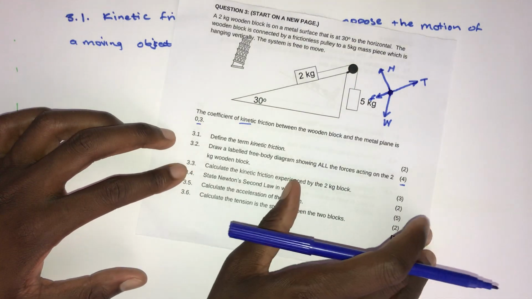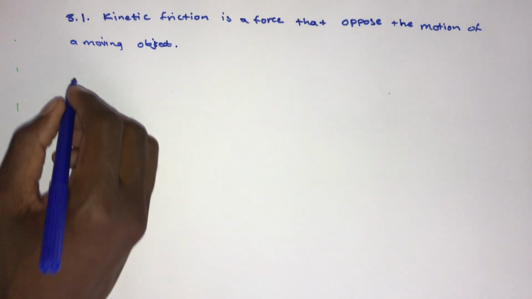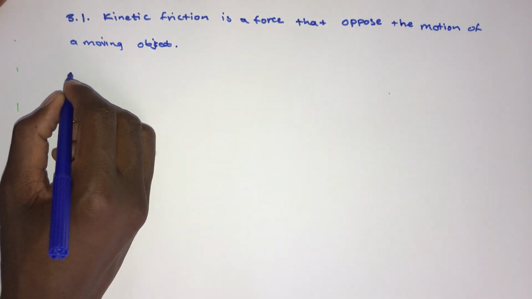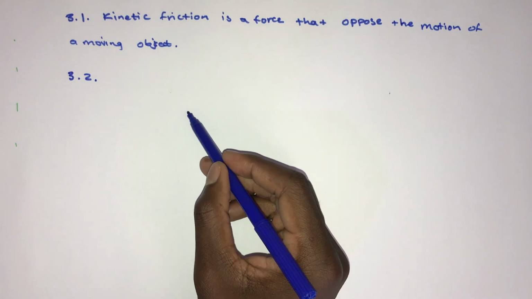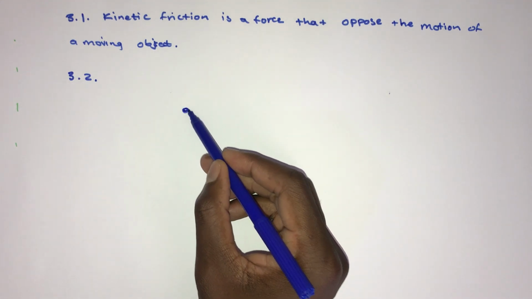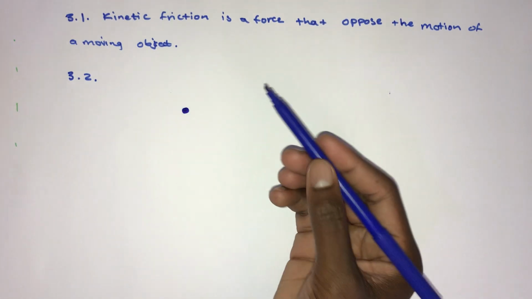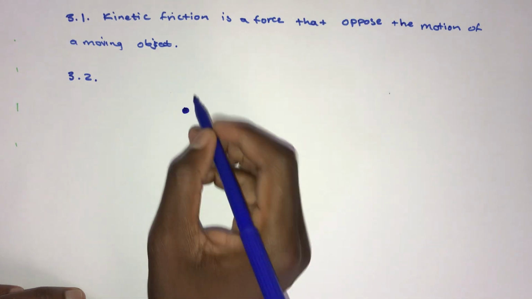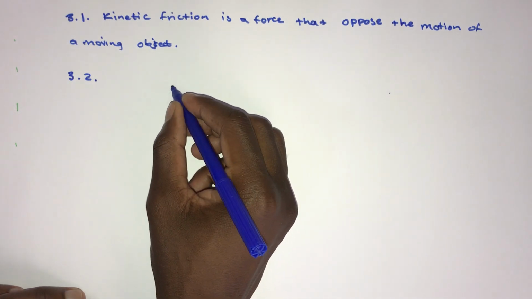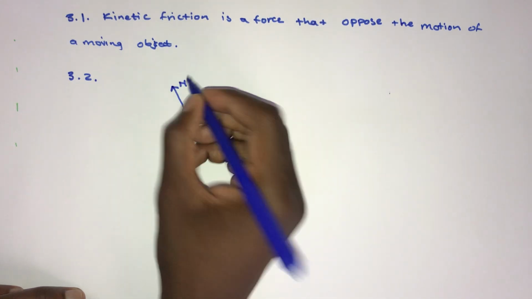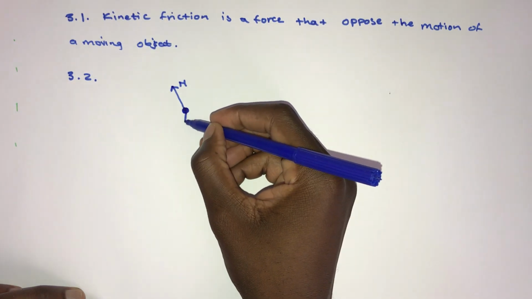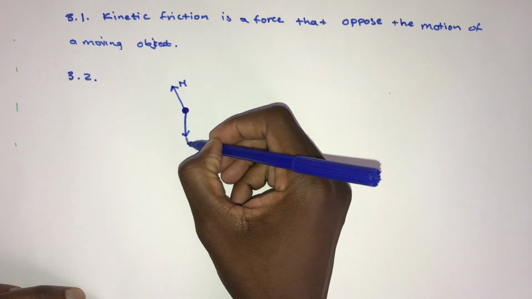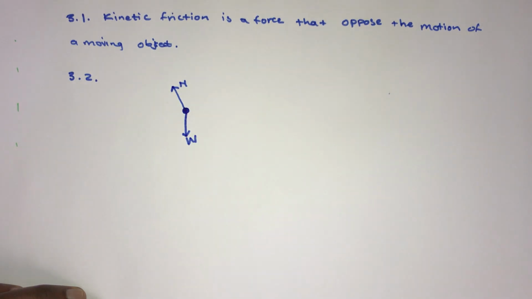So now let's transfer this free body diagram. This is 3.2. So this is our free body diagram. Then we said we have the normal force perpendicular to the surface. Make sure it's not going straight up. And then we have weight going downwards, as always.